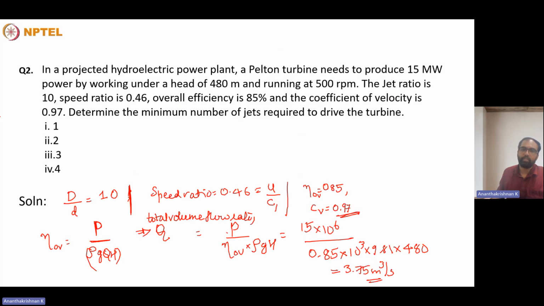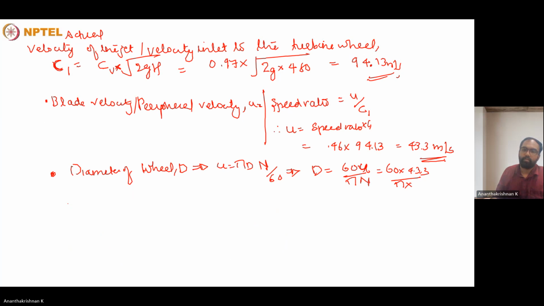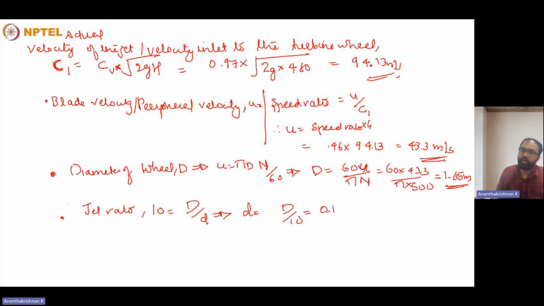In this particular problem, it is known as 500. And we get the value of 1.65 meters. And in this particular problem, the jet ratio is given as 10. So that is the ratio between the diameter of the wheel to the diameter of the jet. So the diameter of the jet will be equal to D by 10, that is 0.165 meters.